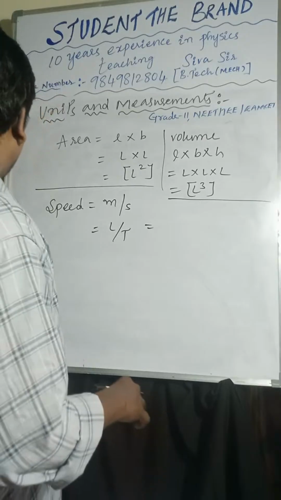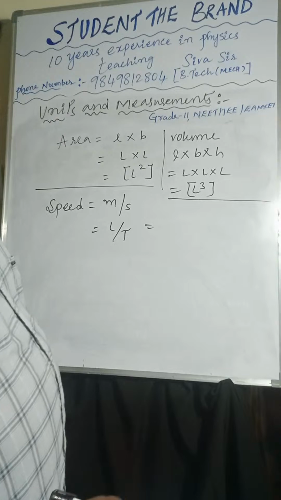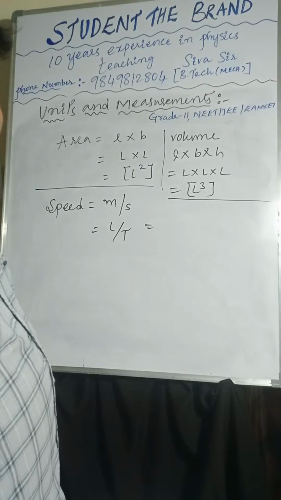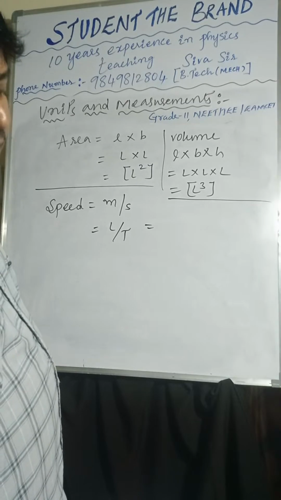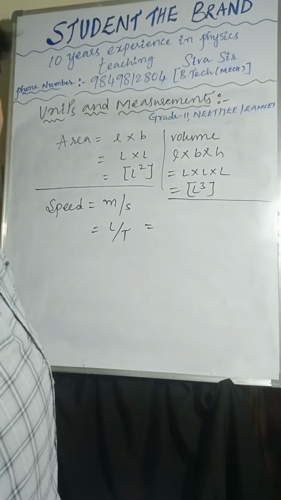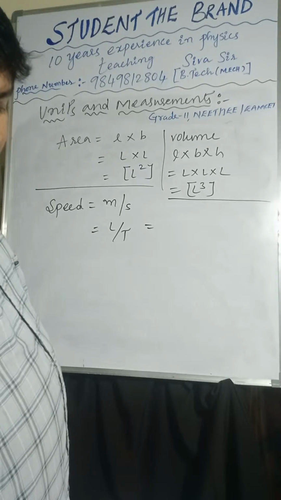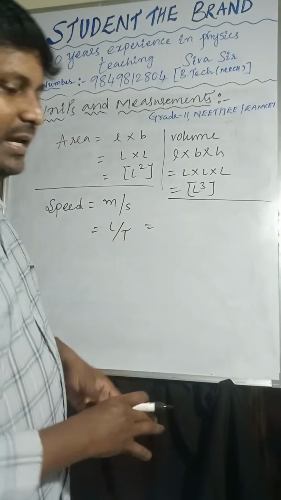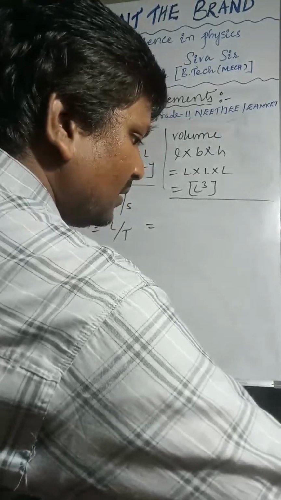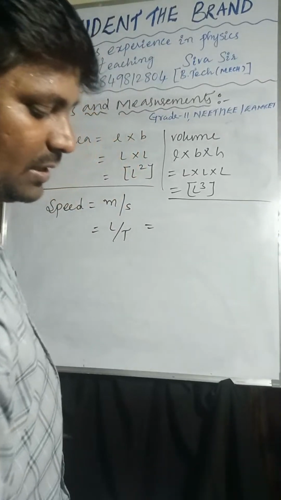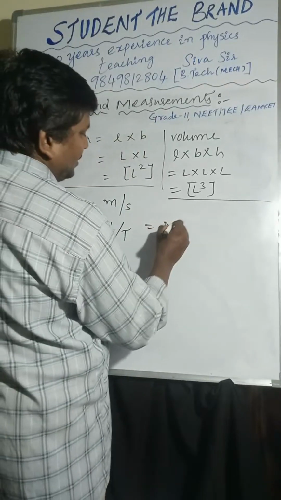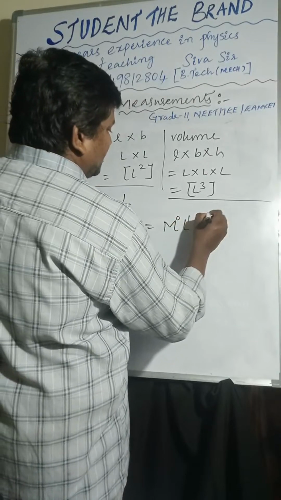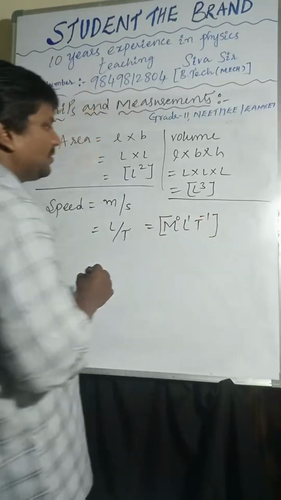You can observe that length is L and time is capital T. So writing in terms of the fundamental quantities: M power 0, L power 1, T power minus 1.